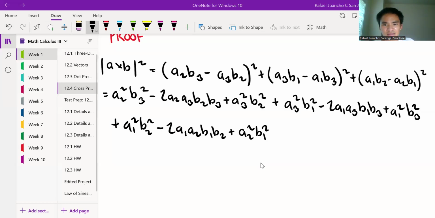And from there, we're just going to do some more crazy looking algebra. I'm kidding. This is going to be simplified.